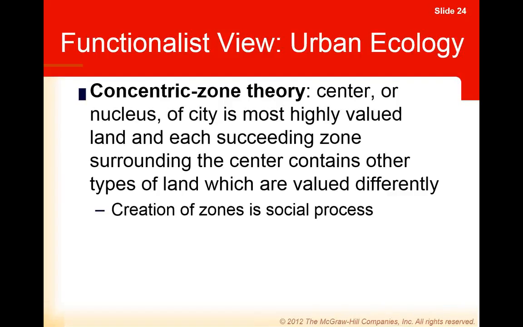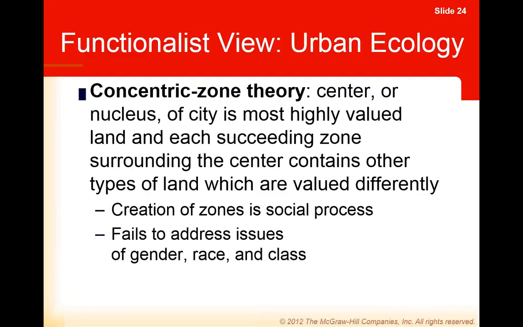So the creation of the zones is a social process, and they saw this as the city expanded out, it created these new concentric rings where each one is a zone. Now, one of the things that this doesn't look at is issues of gender, race, and class.